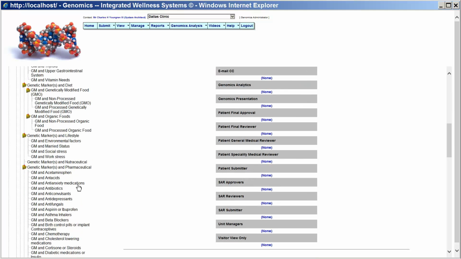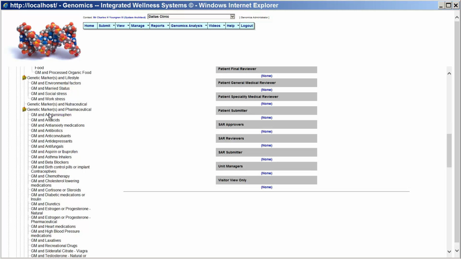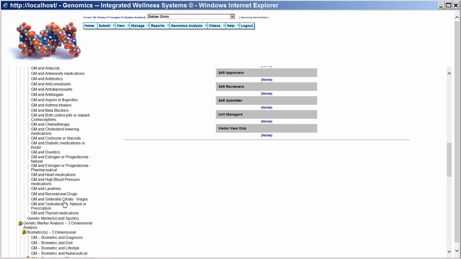We can also examine much information pertaining to the diet, in this case genetically modified food for processed and non-processed. We can also look at genetic markers and pharmaceuticals as our database becomes available.